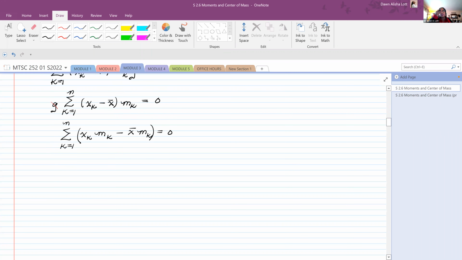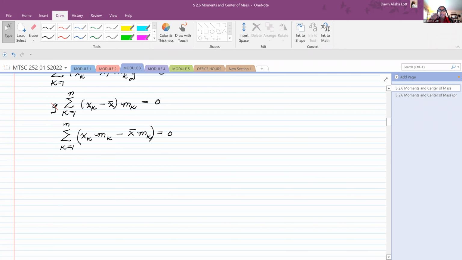Now I'm going to distribute again, because the sum of this difference is the same as the difference of the sums. So I get the sum k equals 1 to n of xk times mk minus, and in this term I'm going to factor out X bar, because X bar is a number and doesn't have a k in it, X bar times the sum k equals 1 to n of mk, and that equals 0.